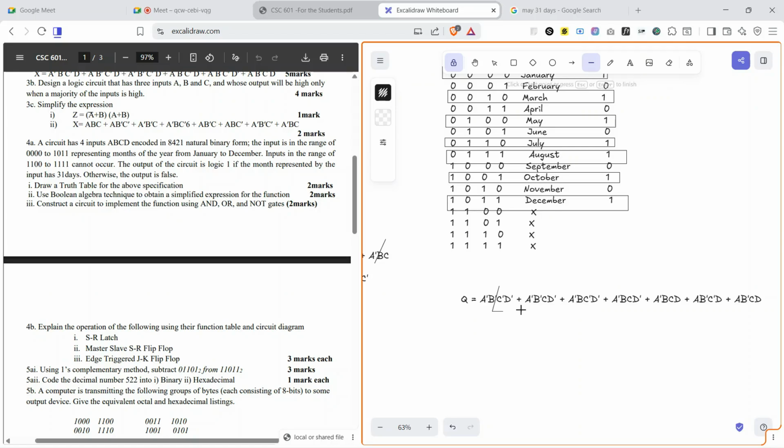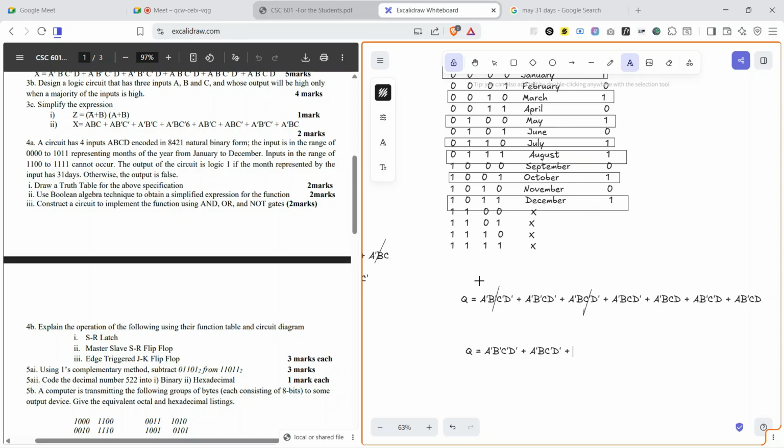This, this, and this. So Q would be equal to A, A bar, B bar, C bar, D bar plus A bar, B, C bar, D bar.